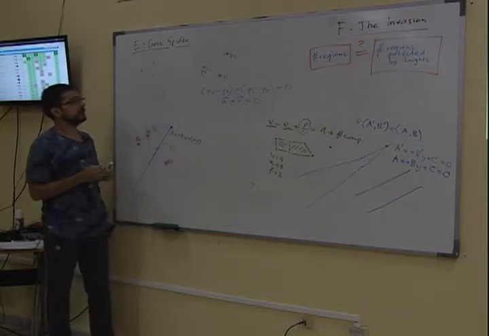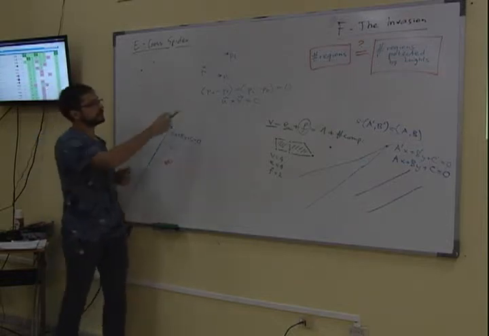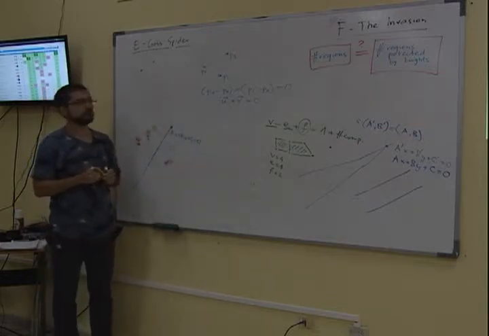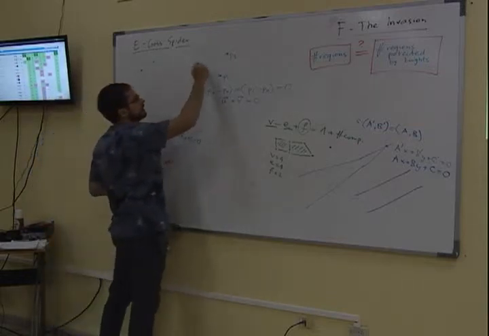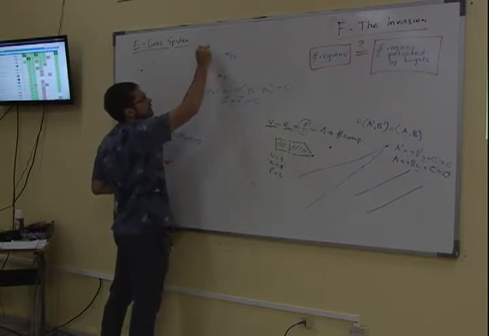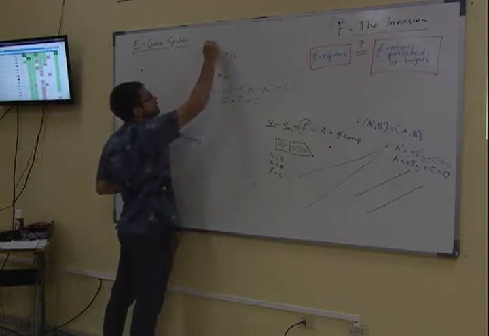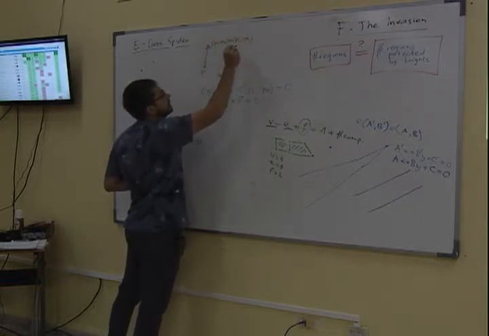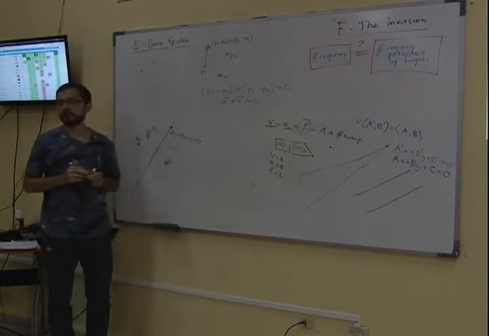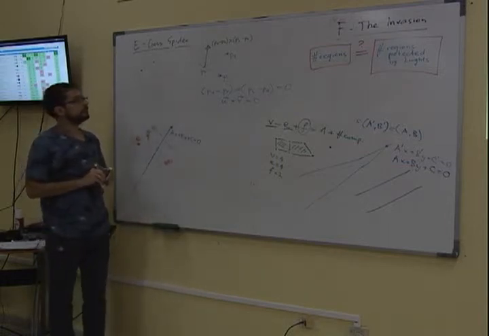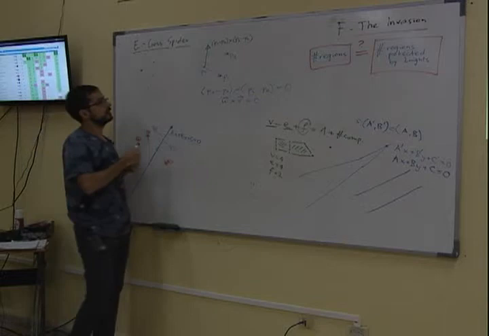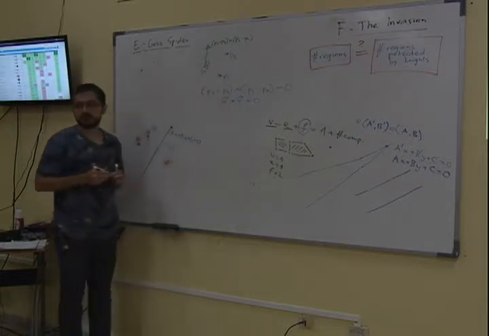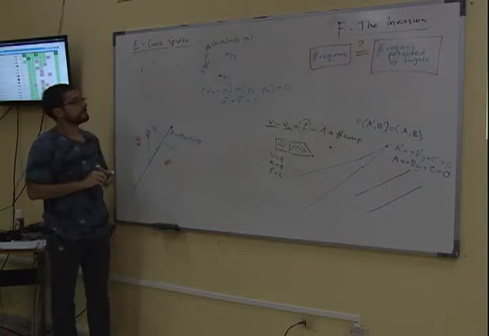So we have this plane, and if we calculate the 3D cross product of these two vectors, then the cross product will be a vector which is perpendicular to this plane. So here we have a right angle, and here we also have a right angle.